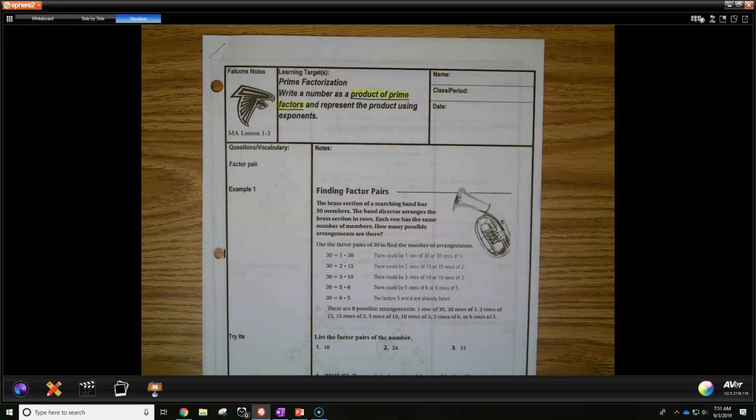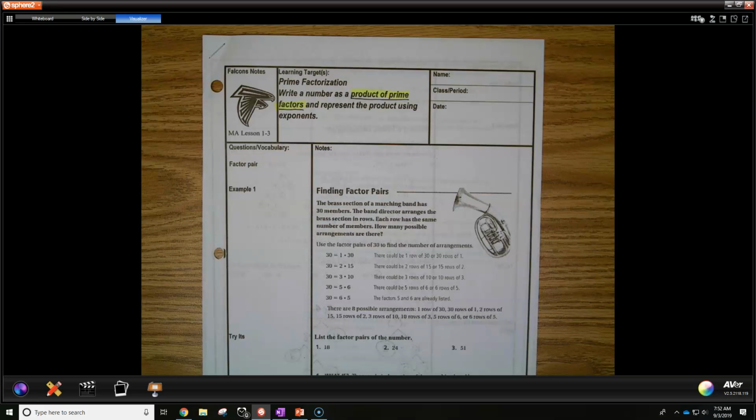Our prime numbers are 2, 3, 5, 7, 11, 13, 17, 19, 23, 31, 37, and there are some more, but we're going to stop there. It goes on forever. The bigger the number, the more spread out they are.